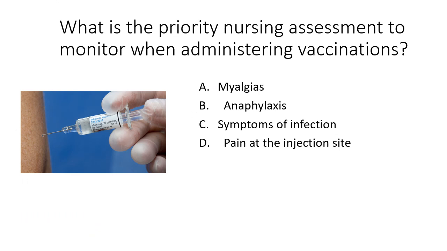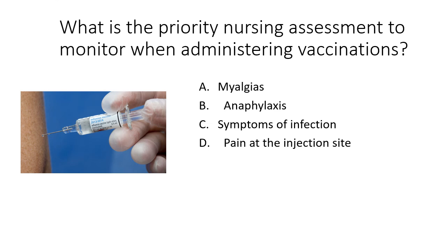What is the priority nursing assessment to monitor when administering vaccinations? Myalgias, which are muscle aches. Priority is the key here, right? Priority nursing assessment. Anaphylaxis, would that be a priority? Remember I told you that anaphylaxis is an emergency and people can die from that.